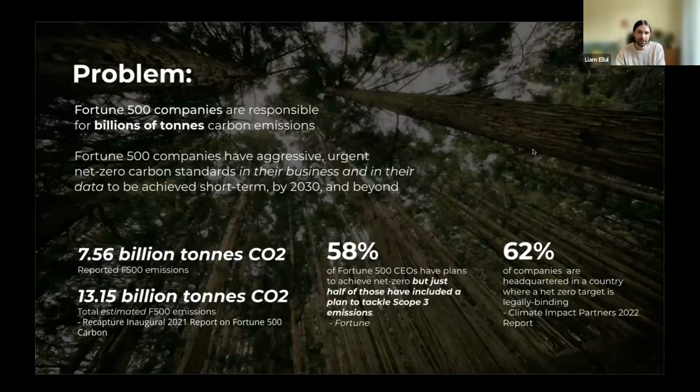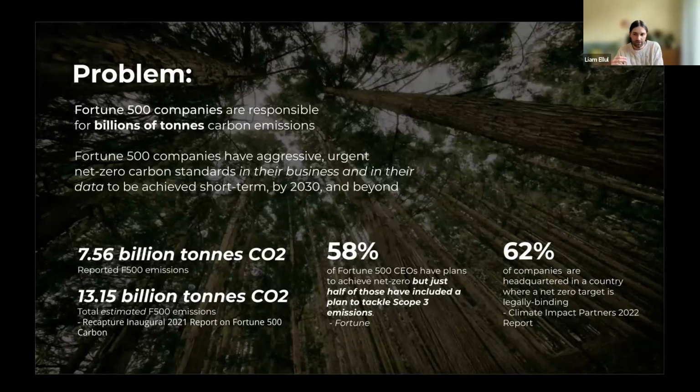The key problem is that the largest companies in the world are responsible for an enormous amount of the CO2 emissions that are having a negative impact on our biosphere and contributing to the global increase in temperature that we're wanting to manage. And we know that an approach of reducing our emissions and decarbonizing is the way to get there.